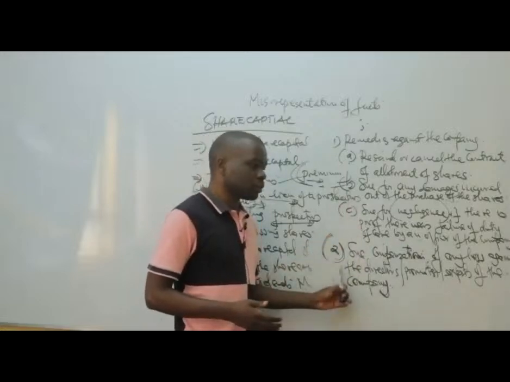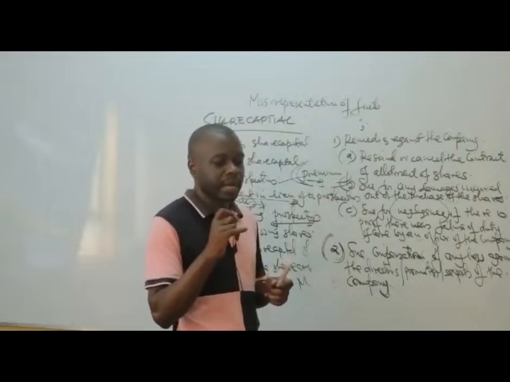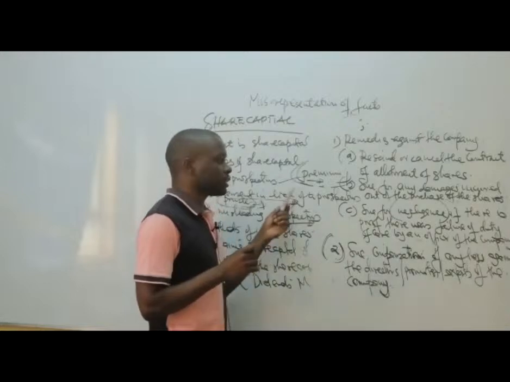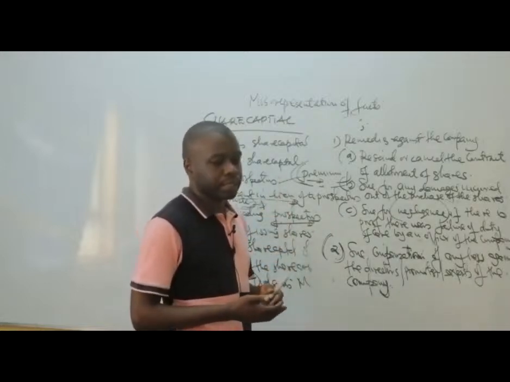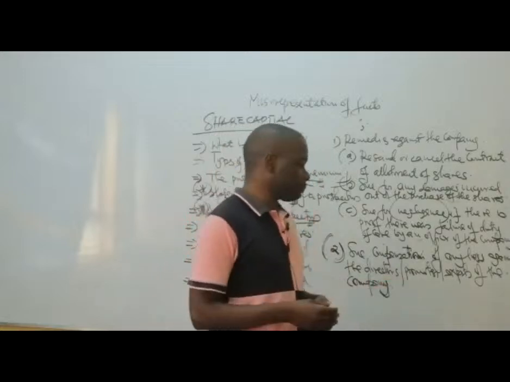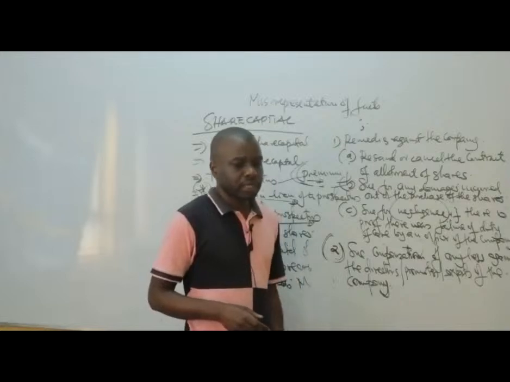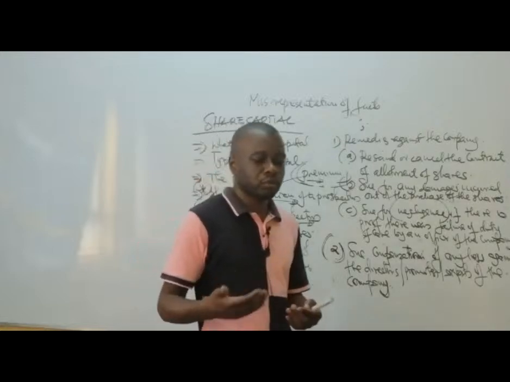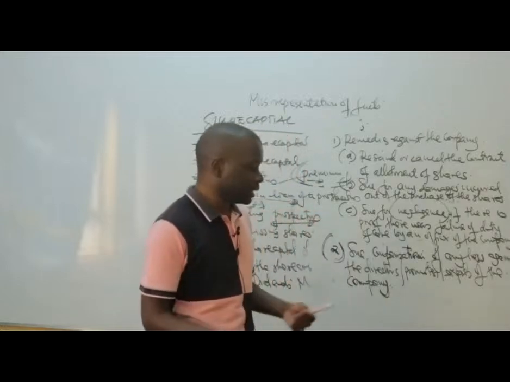Then also, instead of going for the company itself, you can go for the persons who signed the prospectus, the directors, because they are the ones who normally get involved in the preparation of the prospectus, or maybe the promoters on the formation of the company, or you can go for the experts. There are certain reports that might be attached to the prospectus, and the experts are the ones involved in preparing those reports, for example the auditors of the company.